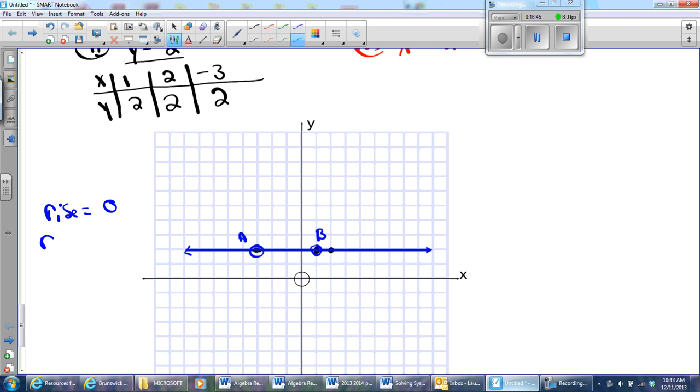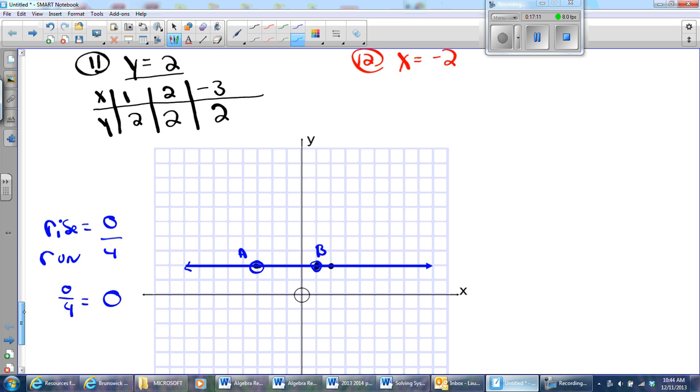How much do I run? Well, I went 1, 2, 3, 4. So my slope is 0 over 4, but 0 divided by 4 is 0. Now, if you forget that, use a calculator. But 0 divided by 4 is 0. 0 divided by 5 is 0. 0 divided by 10 is 0. 0 divided by -13 is 0. The only number that's not true for is 0 divided by 0.